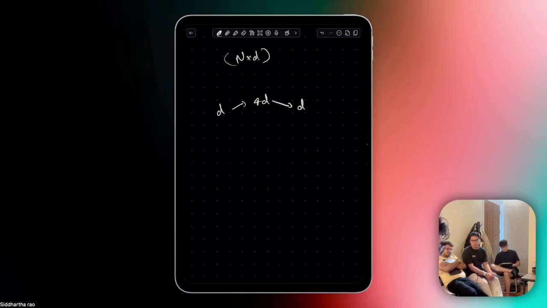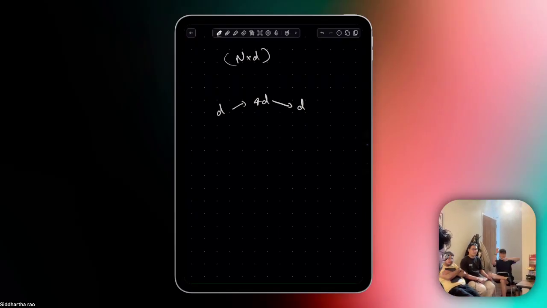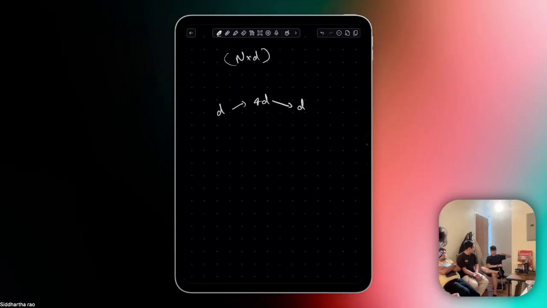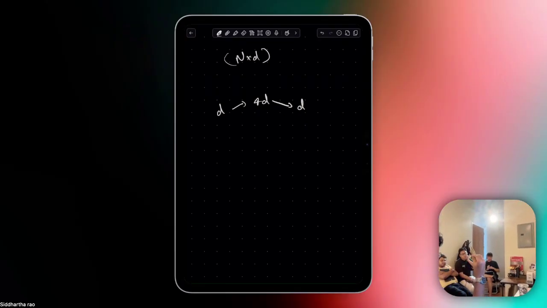So what is the shape of the weight matrix here that would project from shape D to 4D? For each element, you're projecting into 4 dimensions, which means if you have D elements, then you have D times 4D.